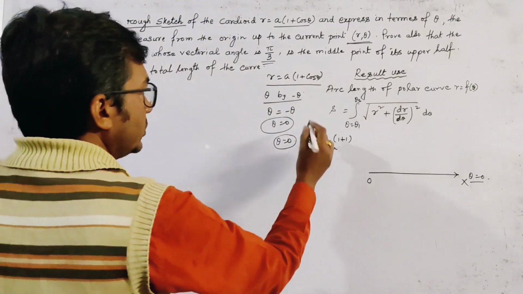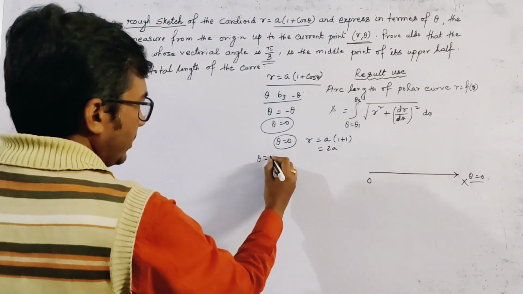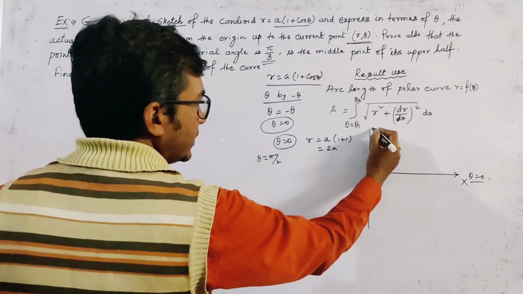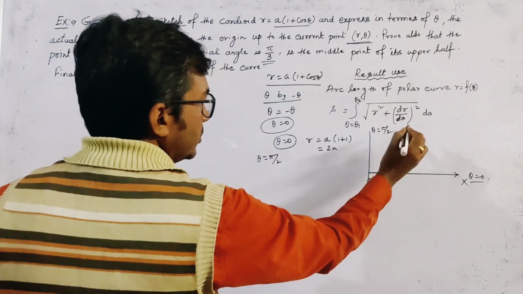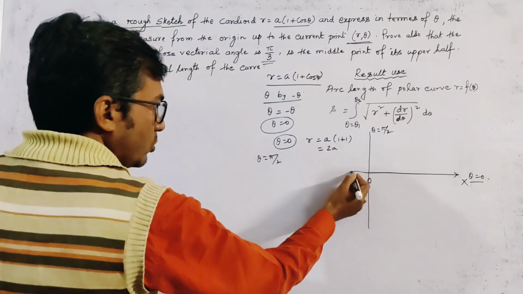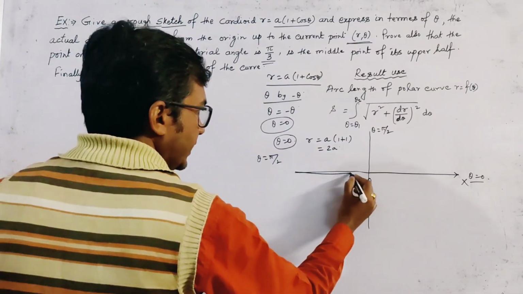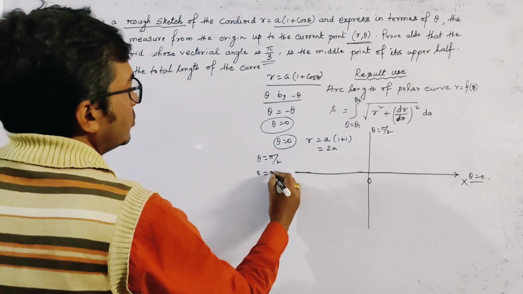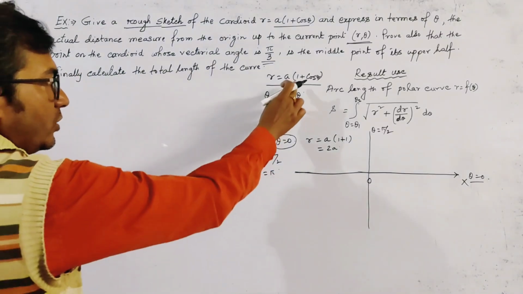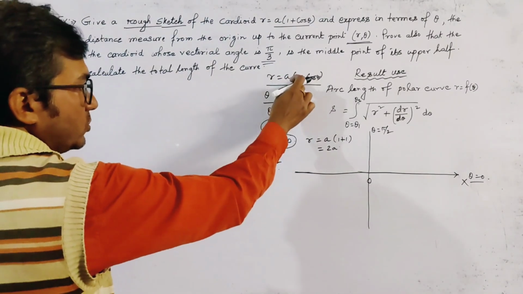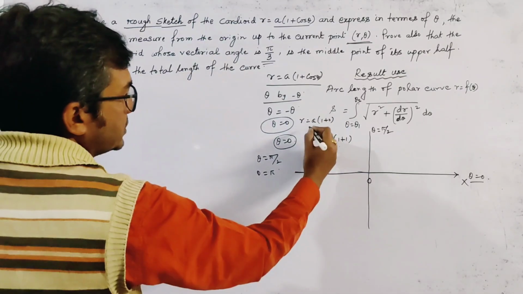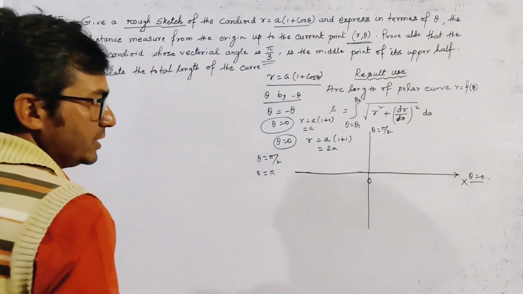And if we put theta equal to pi by 2, here we draw the perpendicular line, theta equals pi by 2. And if we draw the line opposite to the initial line, here theta equals pi. First we put theta equal to pi by 2 and get r equal to a into 1 plus 0, so this is a.